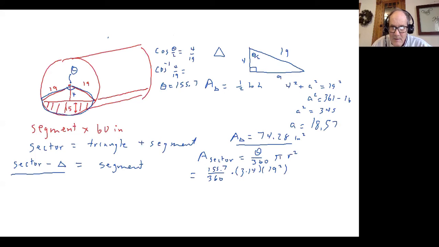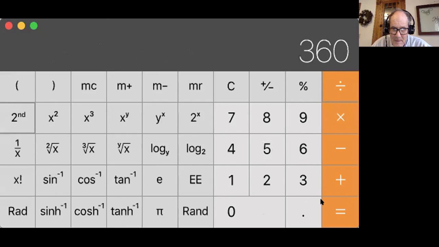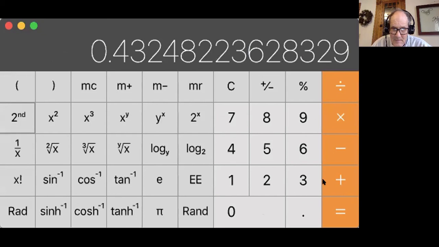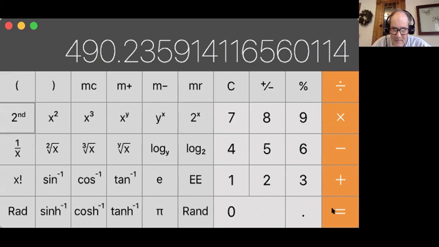Go to our calculator and see what that is. So we'll divide this by 360 times pi times 19 times 19. We end up with 490.2, we'll say.